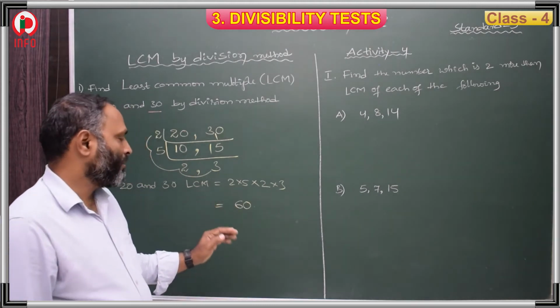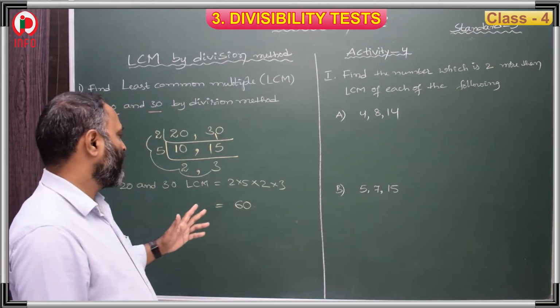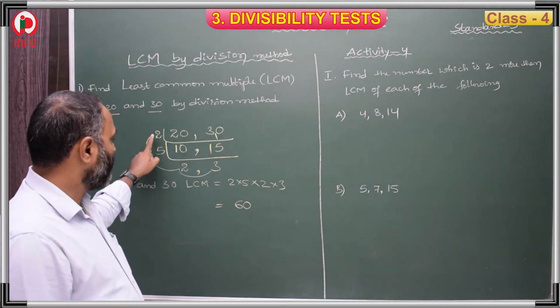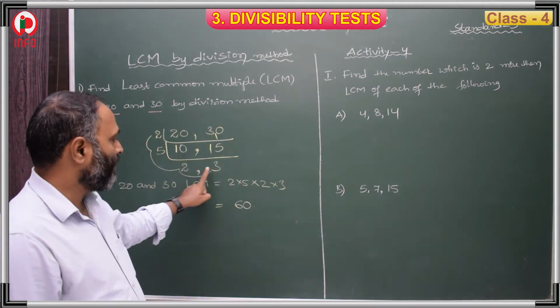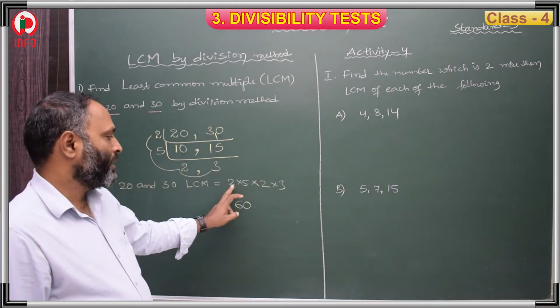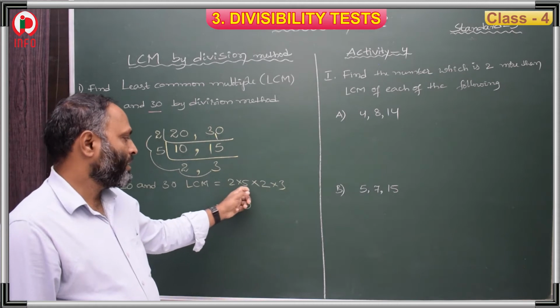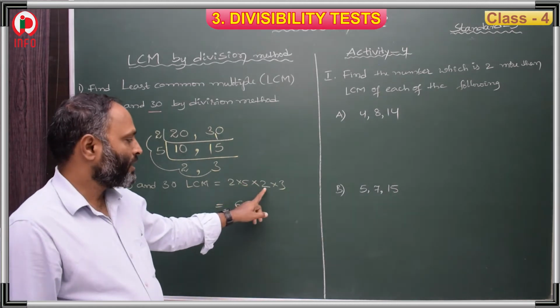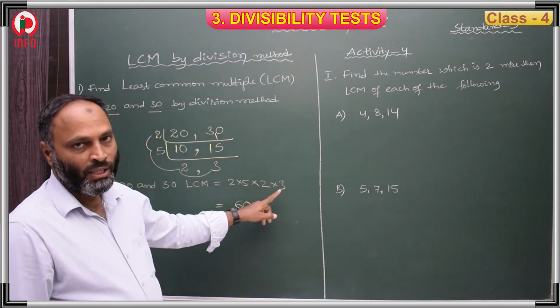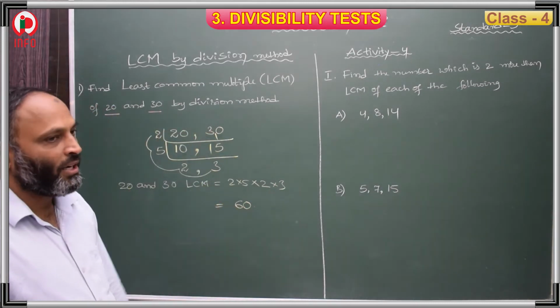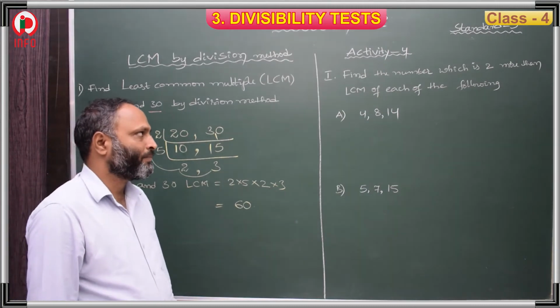If both are prime, then no need to check further. Just multiply all: 5 into 2 into 5 into 2 into 3, that is 5 into 2 into 2 into 3. Then multiply them. 5 2s are 10, 10 2s are 20, 20 3s are 60. Using the division method, we have to find our LCM in this way.